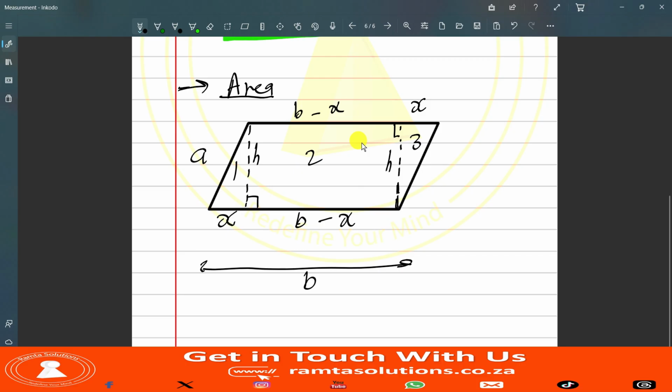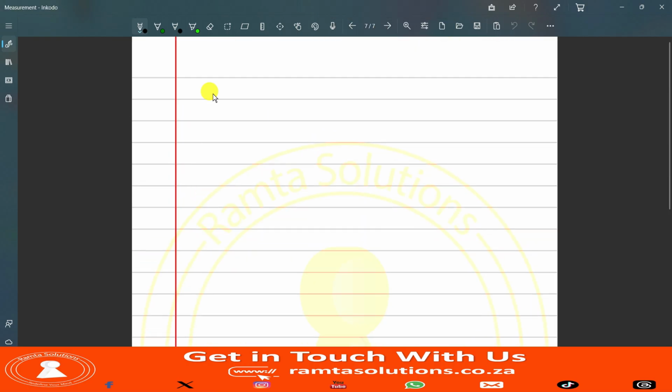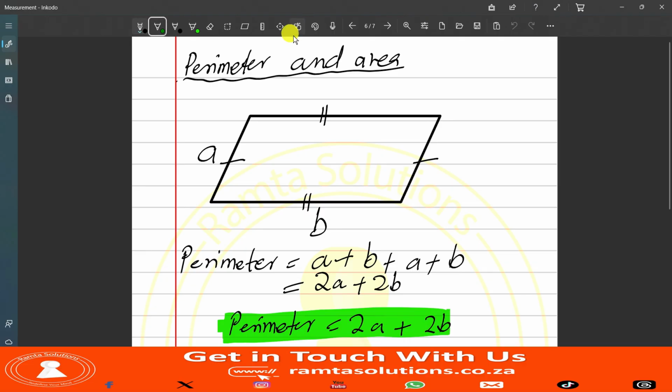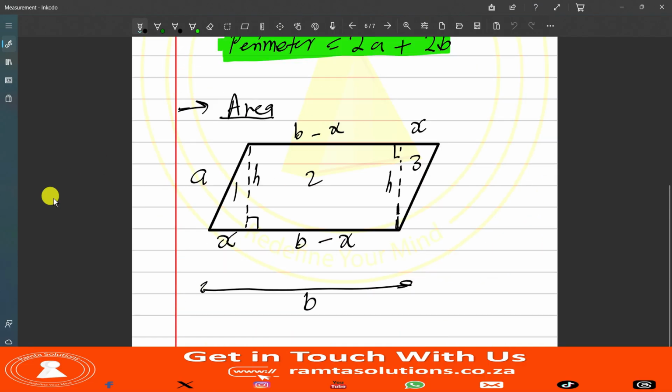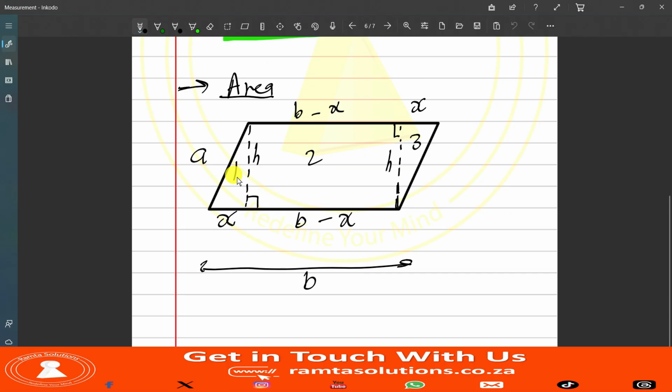A parallelogram is a composite object. Okay, so to get the area of a parallelogram, let's see. We're going to say total area will be area of object 1 plus area of object 2 plus area of object 3. Let's go back and remind ourselves. Object 1 is a triangle.